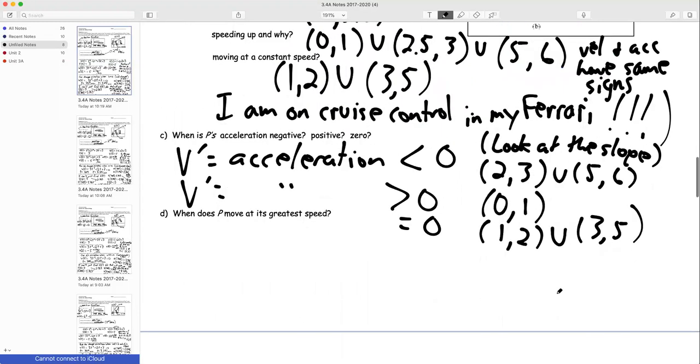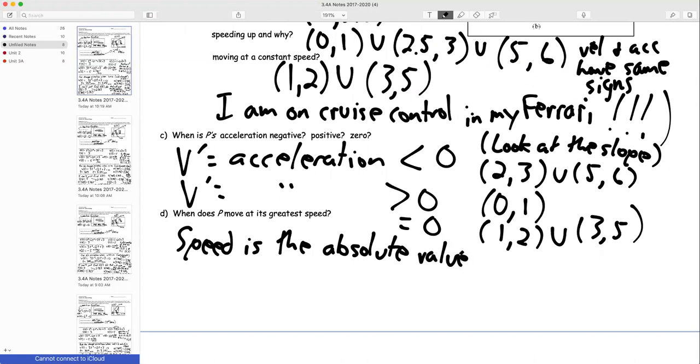the next question asks about speed. And so we need to define speed first. Speed is the absolute value of the velocity.